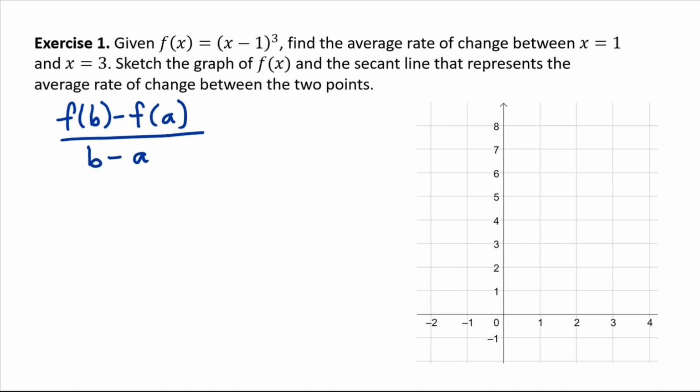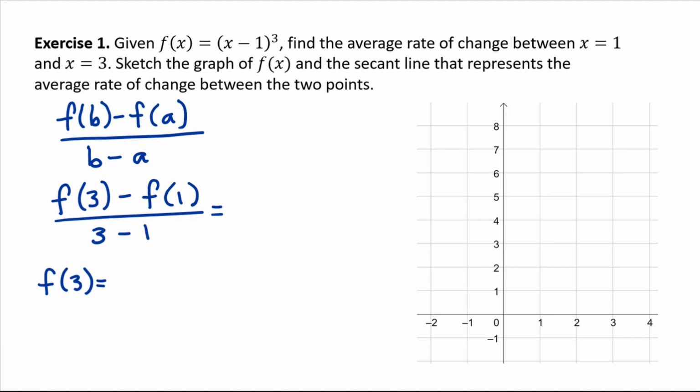For this particular problem, we need to find f of 3 minus f of 1 divided by 3 minus 1. So let's find each of the corresponding function outputs.